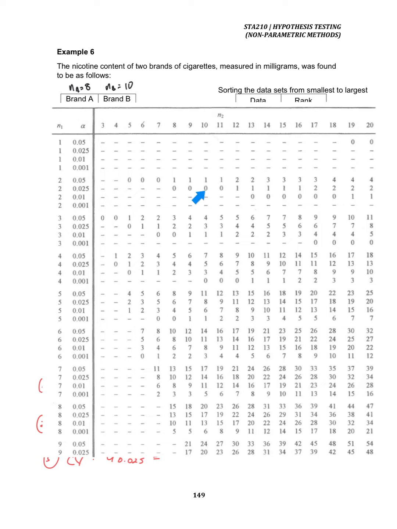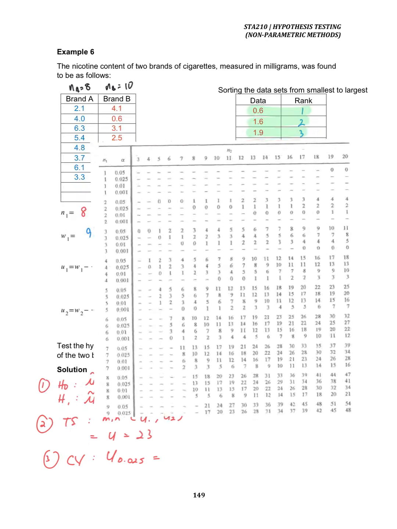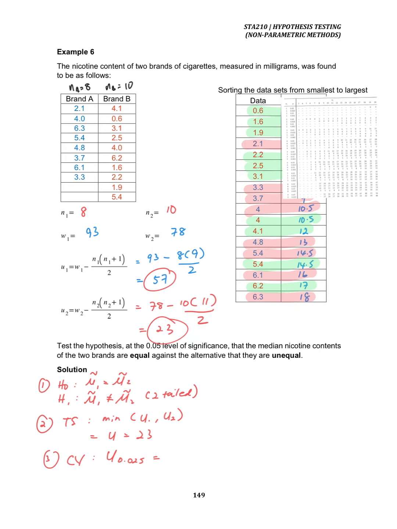N2 is 10, and 8 at 0.025. So the critical value is equivalent to 17.